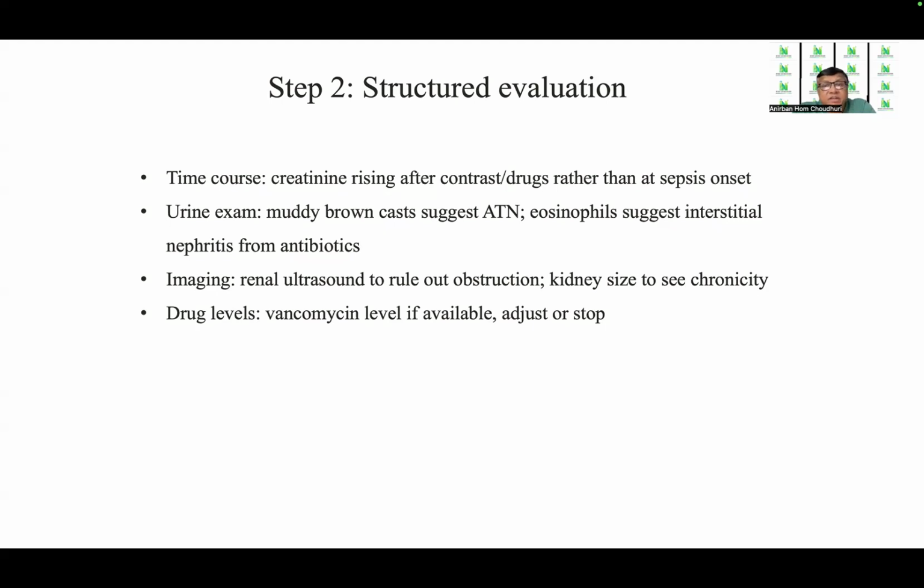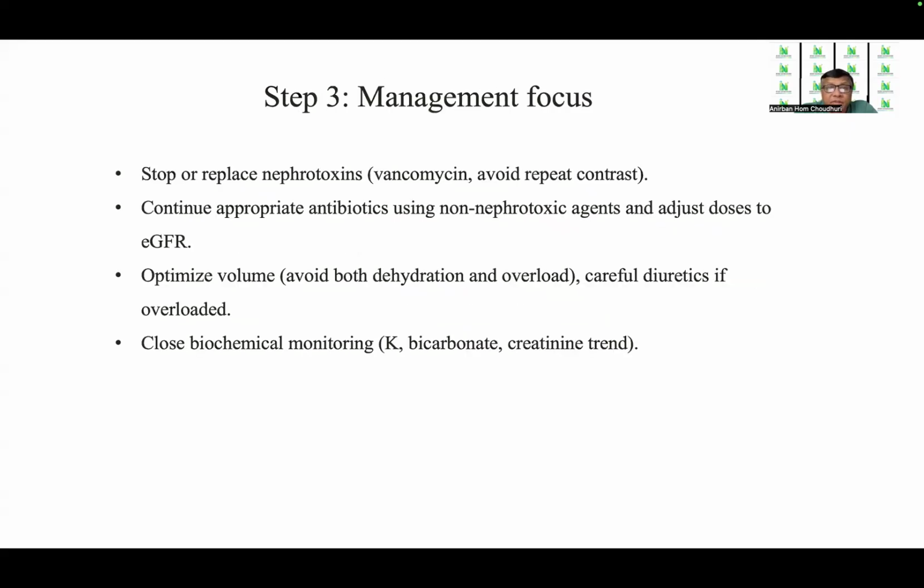Eosinophils suggest interstitial nephritis from antibiotics, etc. Imaging is important because renal ultrasound is necessary to rule out obstruction, and kidney size shows the chronicity of the disease, as we know that with chronic kidney disease the kidneys become shrunken and fibrotic. Drug levels matter too: if vancomycin has been administered and a level is available, the dose should be adjusted or stopped.